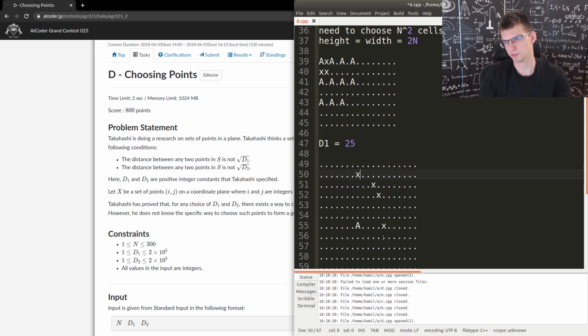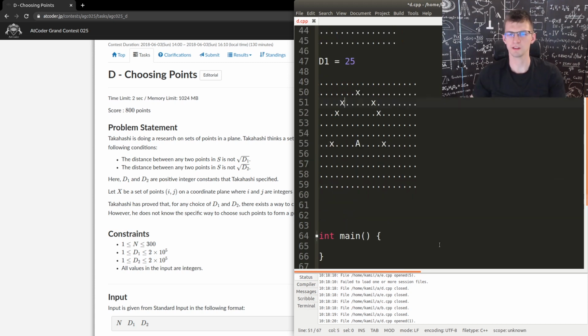I messed up. No, I didn't. Those will be forbidden if I take A. Am I right? Cannot be 5 units away. Yeah, it might. 3 and 4. Think like that, and of course the bottom is symmetrical.